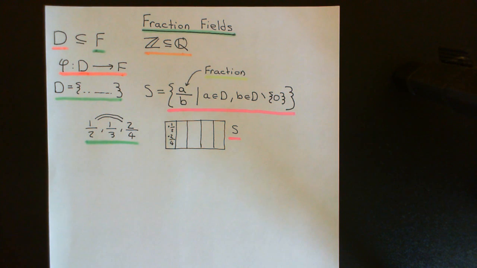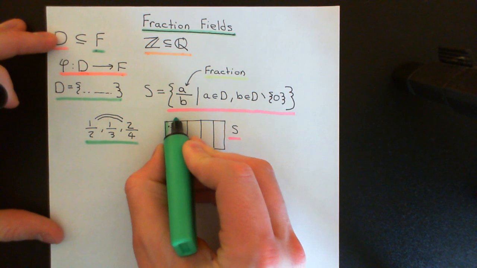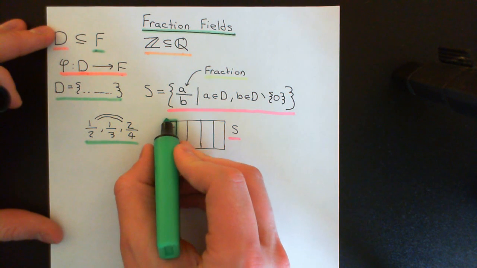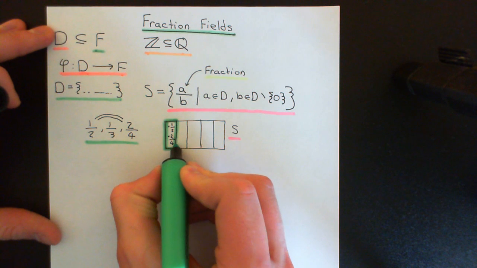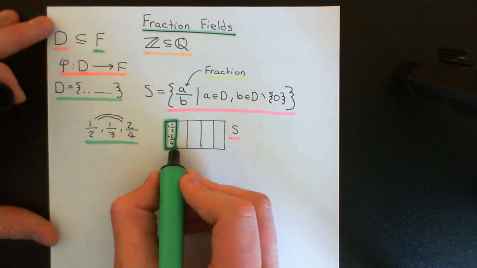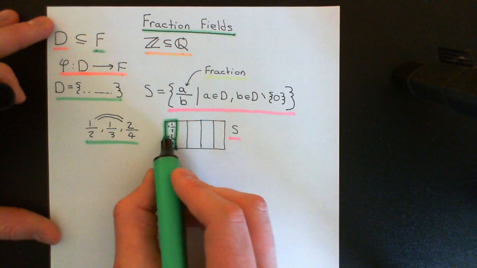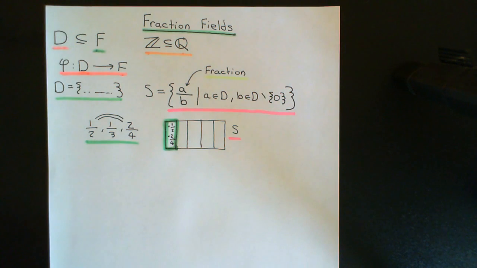So we want to form these equivalence classes, which are subsets of the set capital S, which contain all equivalent fractions. All of the fractions in this subset are going to be utterly equivalent to one another, and we want that entire subset of S, that entire equivalence class, to now be an element. That's the mathematical structure that I'm going to use. Not all of the individual fractions, the entire set of equivalent fractions.